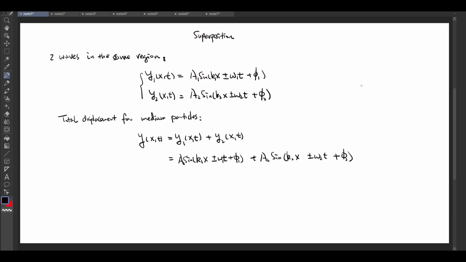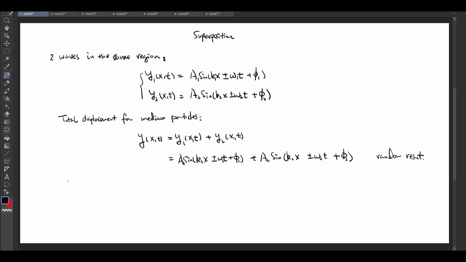Okay, now in principle, the result of this summation can be quite random, meaning there's no certain pattern that we can expect if there's no relation between these two waves. So that's why we're going to focus on some special conditions that can give us a very nice summation from these two equations.